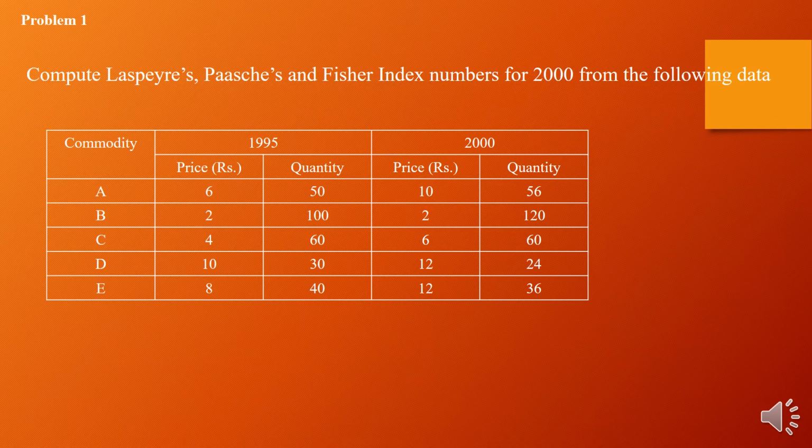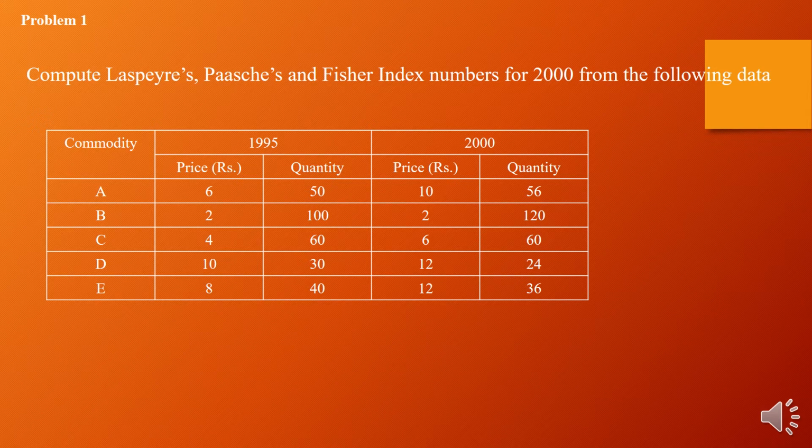Now let us work out the problem. Problem number 1. Compute Laspeyres, Paasche and Fisher index number for 2000 from the following data. We are given the data of two years, 1995 and 2000. Commodities are A, B, C, D and E. The prices of the base year are 6, 2, 4, 10, 8, and the quantity of the base year is 50, 100, 60, 30, 40.